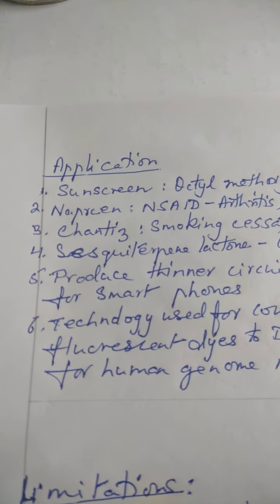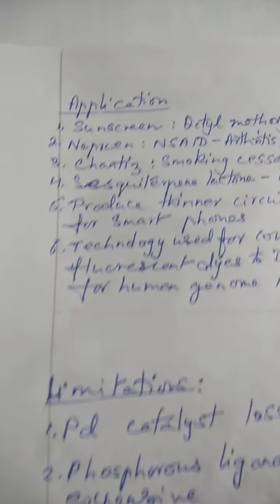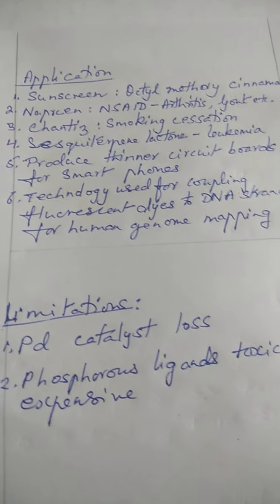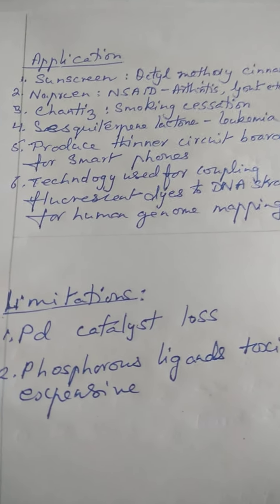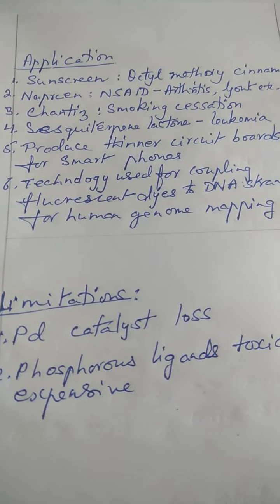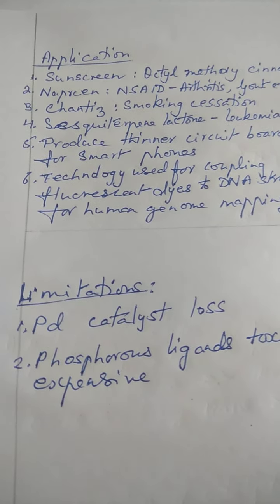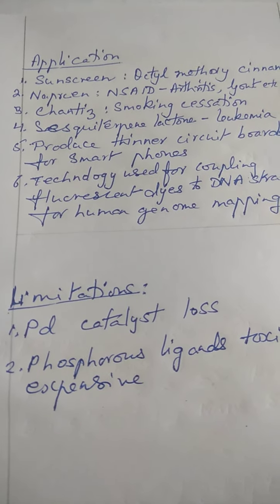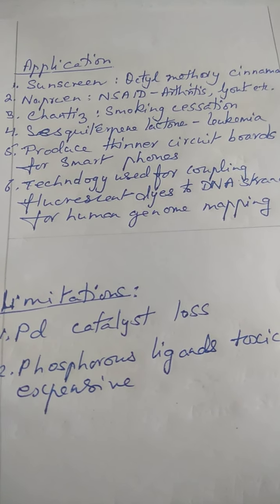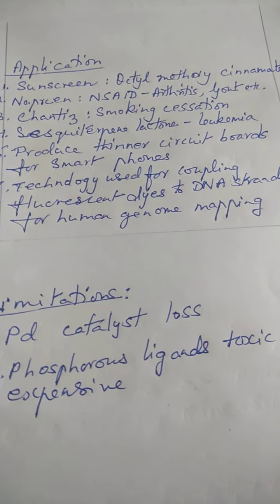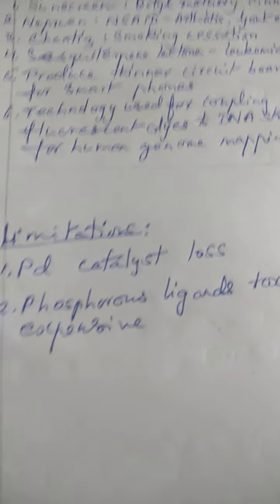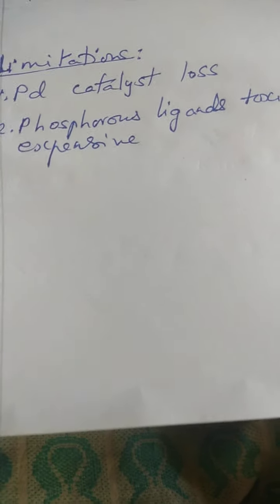So these are the applications, and last but not the least, of course, are the limitations, as we have been saying even earlier, that limitations are discussed last. Now, the palladium catalyst is lost at the end of the reaction. Why? Because many times it's difficult to separate it from the compound. It gets incorporated and separation is difficult, and at the same time it is also expensive because this uses nanomembranes, so it's expensive also.